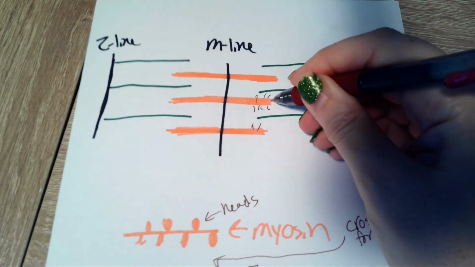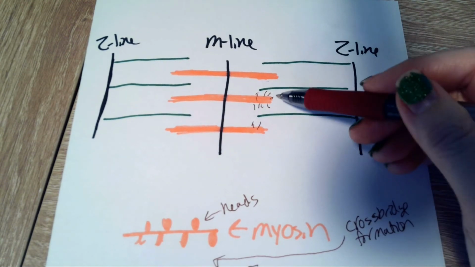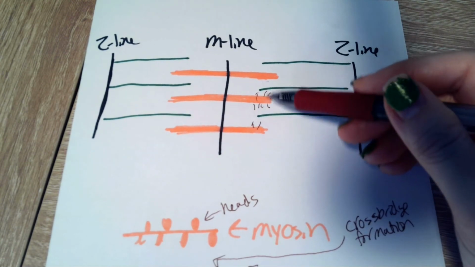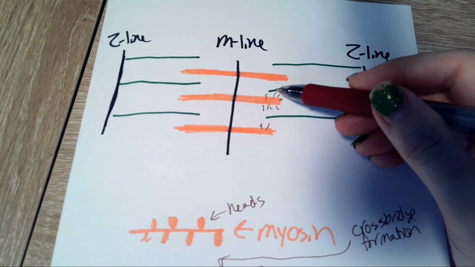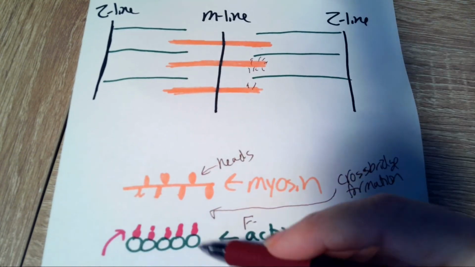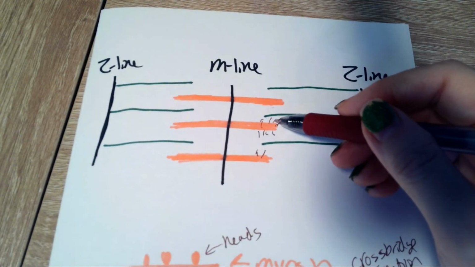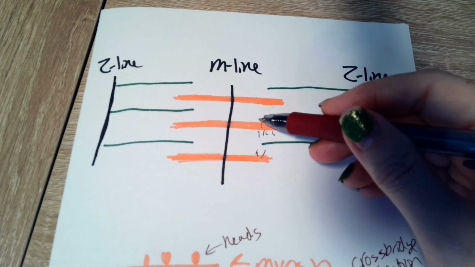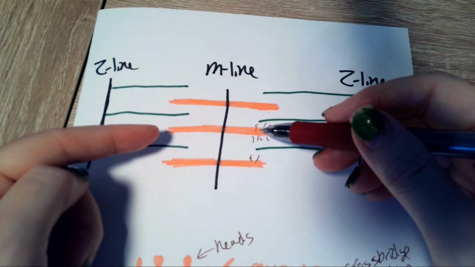I'll just do them right there. And they would be bound to the actin in this zone of overlap here where we have actin and myosin able to interact. So those myosin heads will bind to each little G-actin molecule in the binding site, making that cross bridge. And then when you have the cross bridges formed, the myosin heads pivot in towards the M line. So they just kind of ratchet in one step.